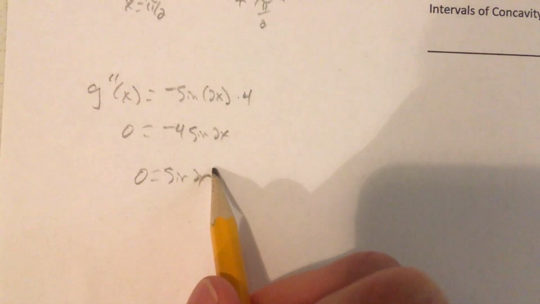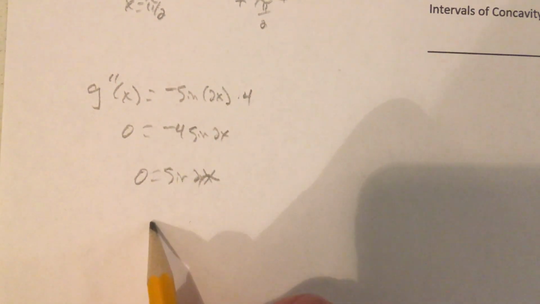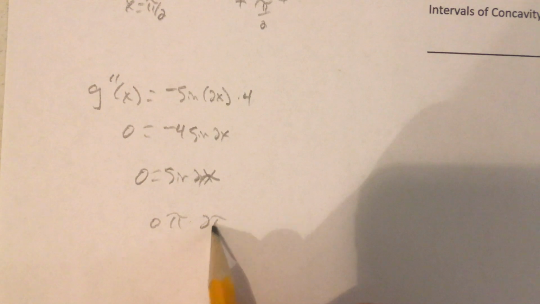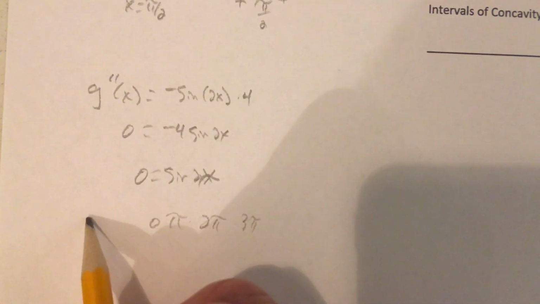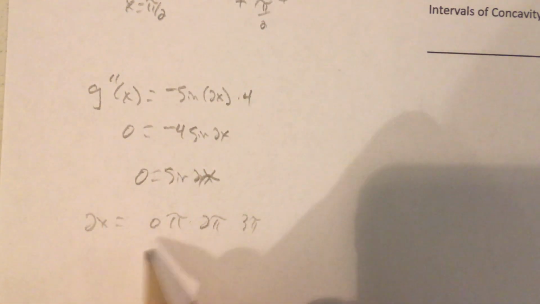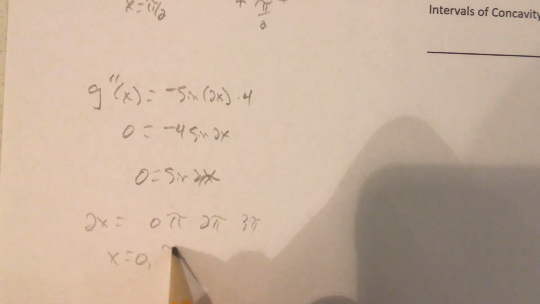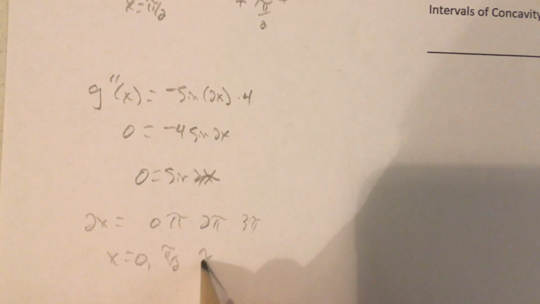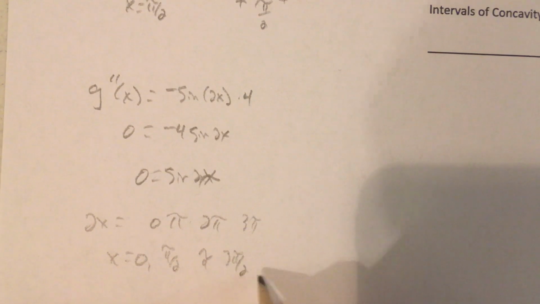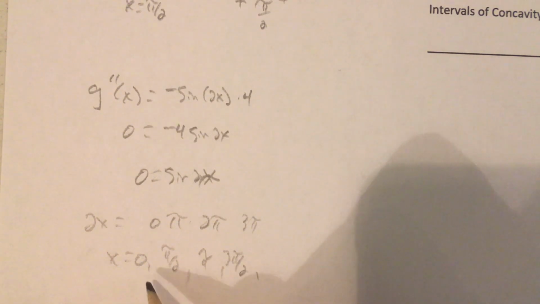I know that sine equals 0 at 0 and at pi and at 2 pi and at 3 pi. And so if I set 2x equal to all of those, I'm going to get 0, pi over 2, pi, 3 pi over 2.